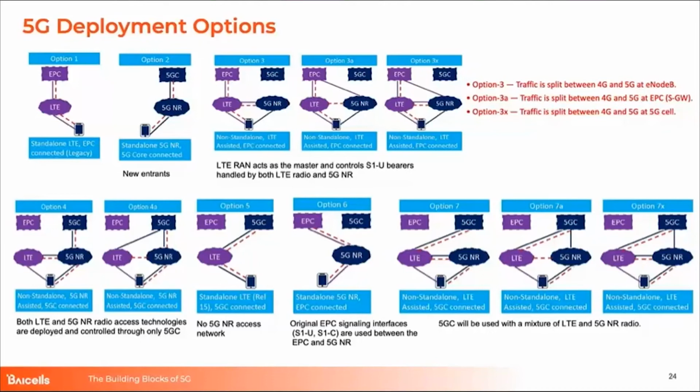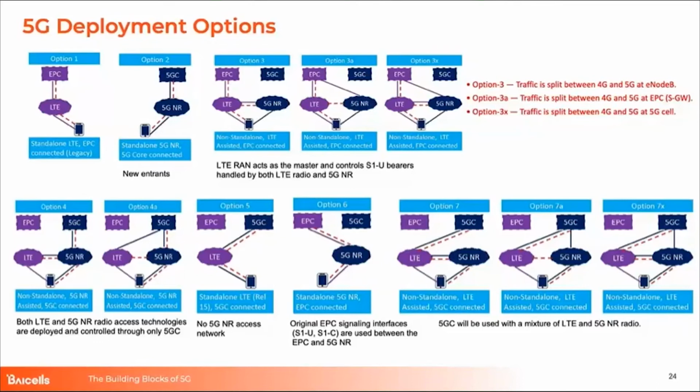Assume the client does not want cloud EPC. You don't have to have cloud EPC. At Baicells, we have local EPC, and we have what's called HaloB, which is localized with the radio itself.